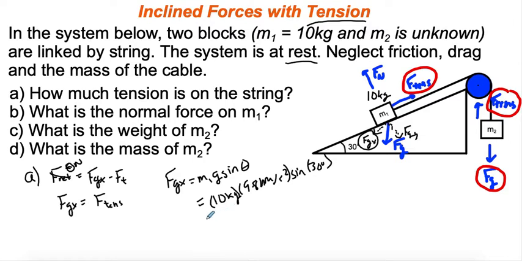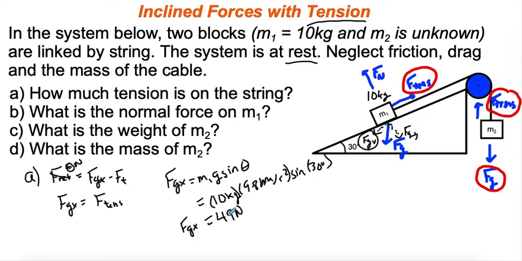Okay, so let's plug that in our calculator and see what we get. So we get a gravitational force of 49 newtons working down the ramp. Okay, that's our X component of gravity.